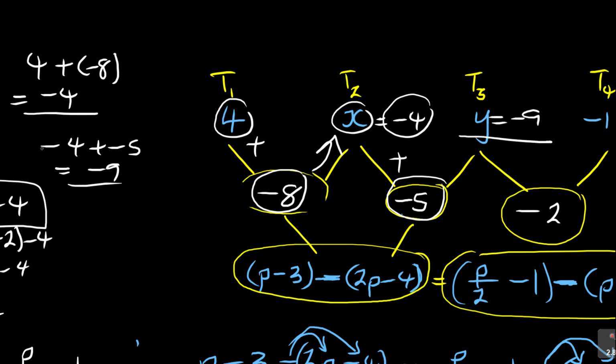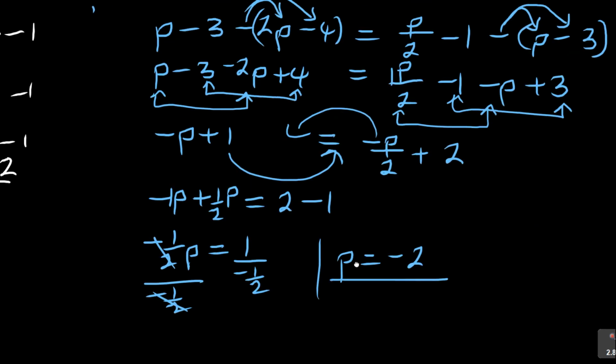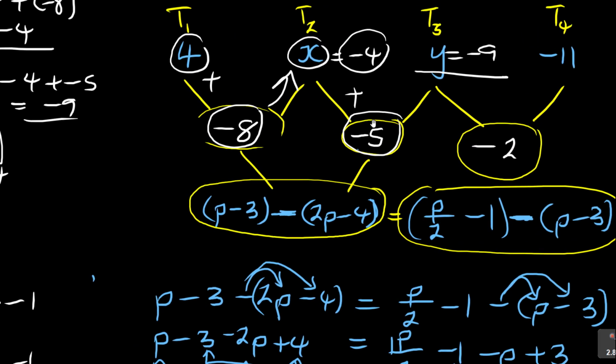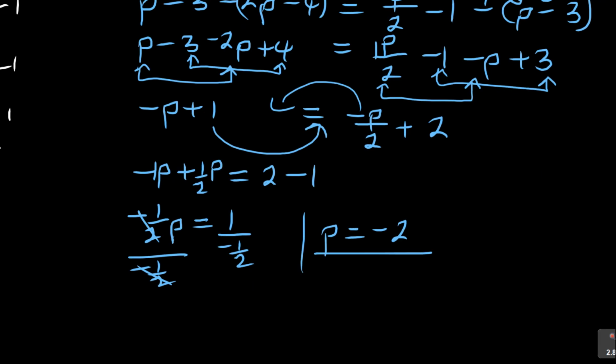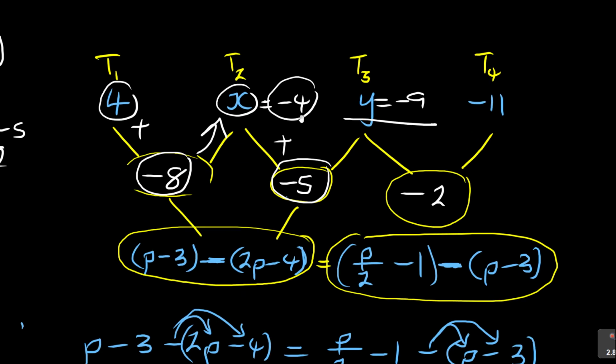So they say find what? p, x, and y. So p is that, x is minus 4, y is minus 9. So you can write there that x is equal to minus 4, y is equal to negative 9. From that.